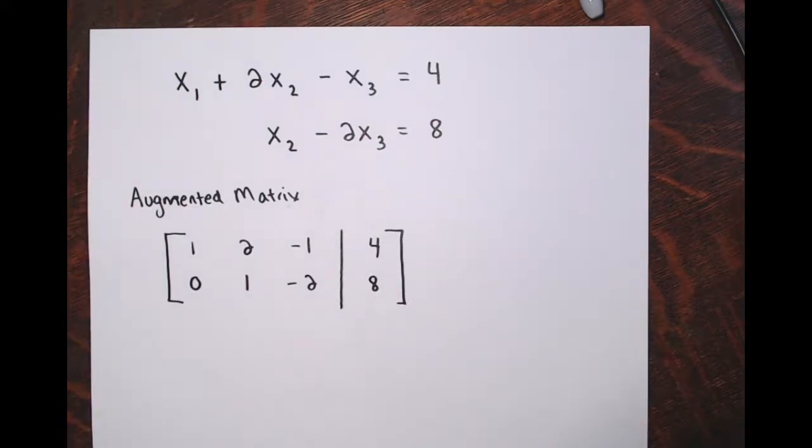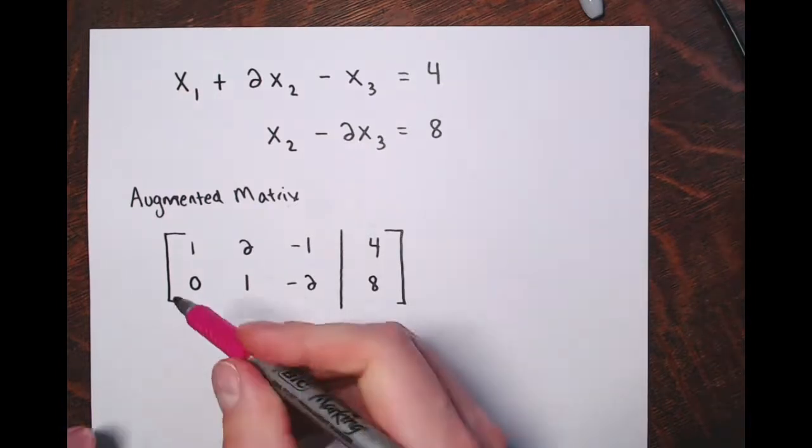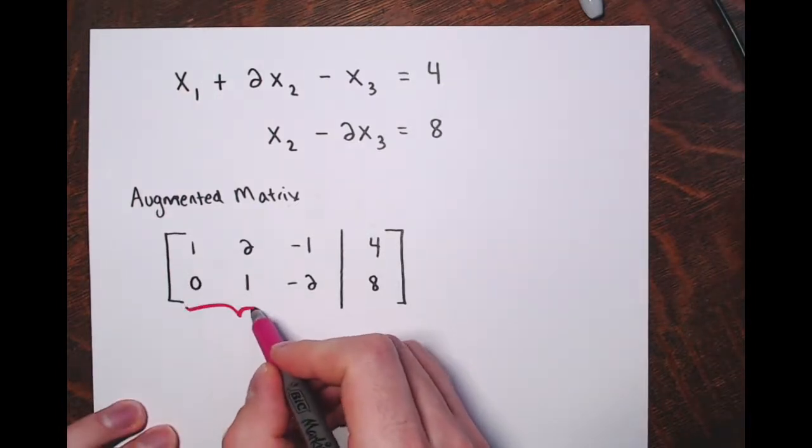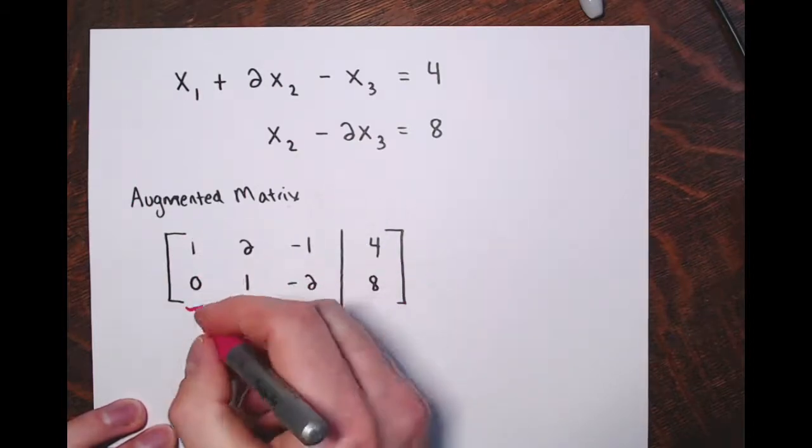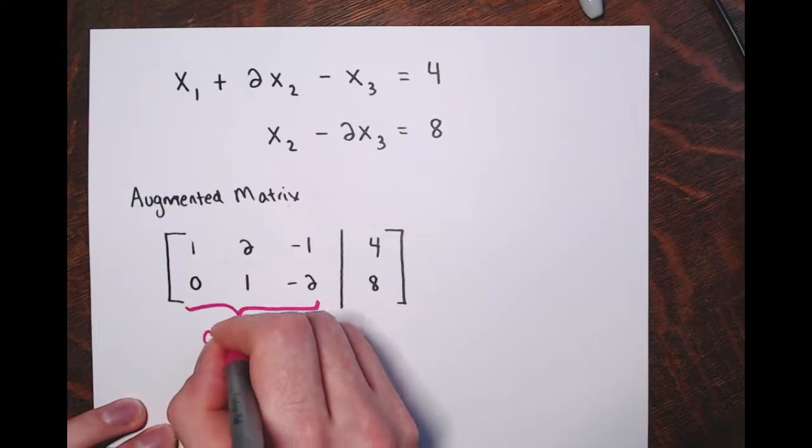And if you recall again, this matrix to the left of the bar, this 2 by 3 matrix with the 6 entries, is called the coefficient matrix.